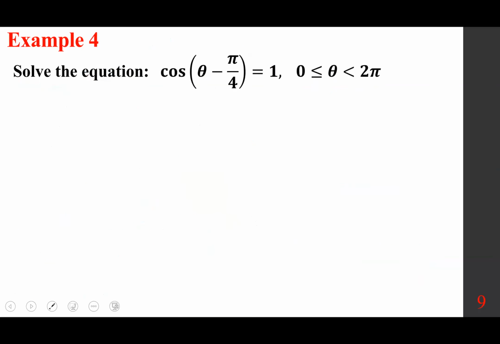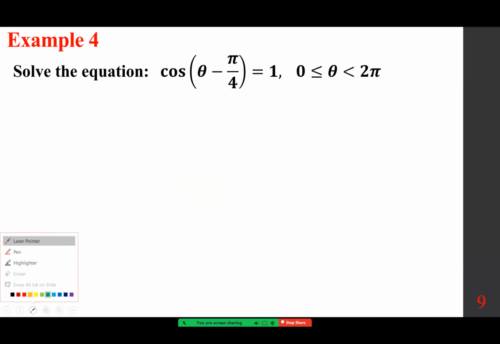All right, let's look at this case. Cosine of theta minus pi over 4 equals 1, and again, we are interested in the interval of 0 to 2 pi. Now, assume this is x or y or z or alpha or beta or gamma. Think about this.